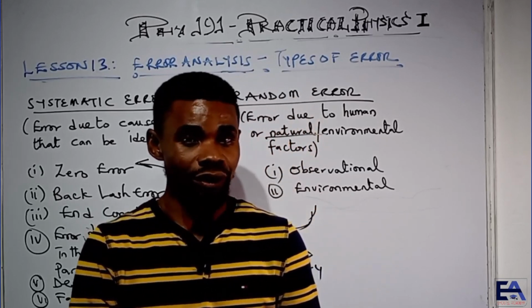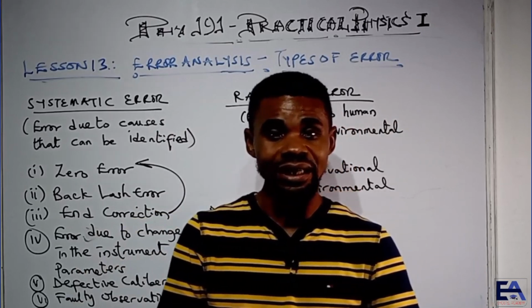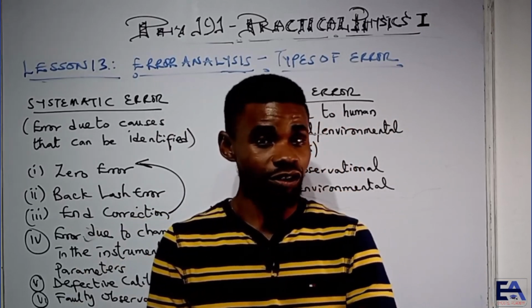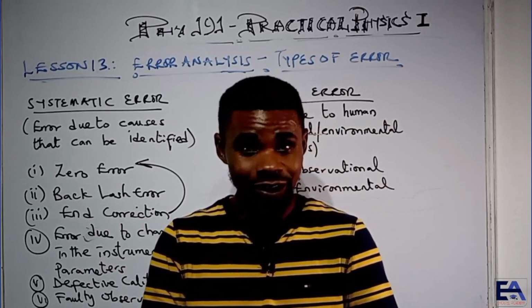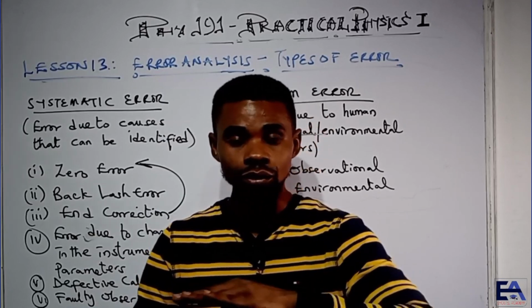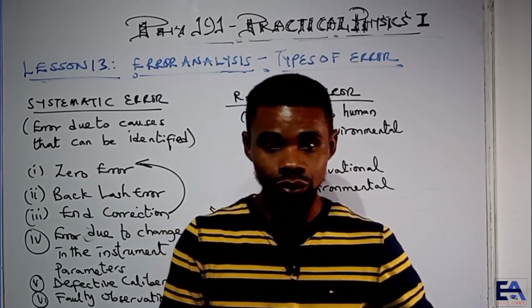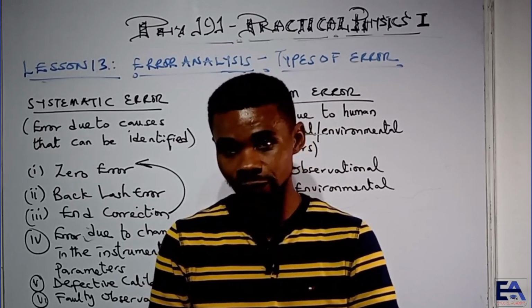So one of the ways to correct this kind of error is to make sure that anytime that parameter, the battery in this case, is not in use, you disconnect it. While you are arranging or setting up your instruments, make sure you disconnect the circuit so that the battery will not be running down.